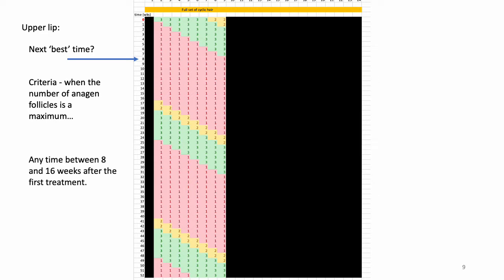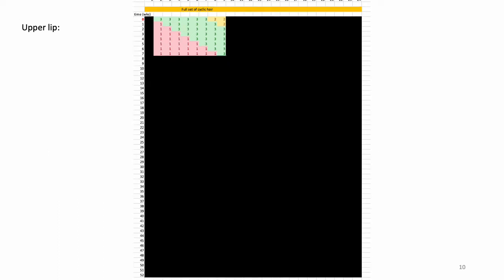In actual fact, any time between 8 and 16 weeks, all these follicles are in anagen. So after the first treatment today, you would ask your patient to come back anytime between 8 and 16 weeks, and we can then do a second treatment, and technically you could kill all the follicles in just 2 sessions.